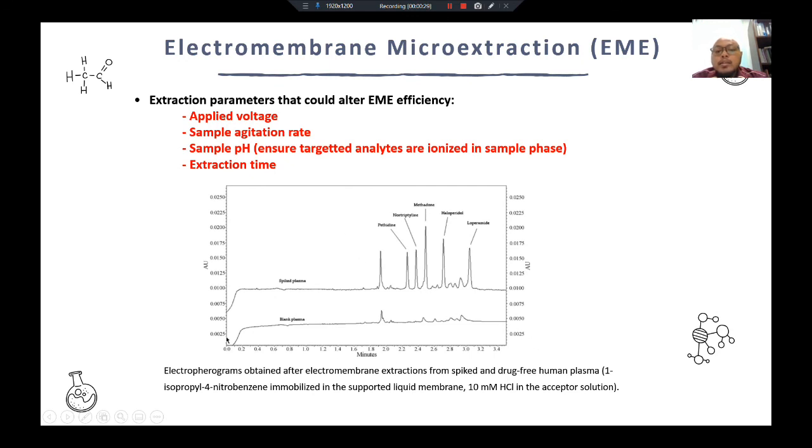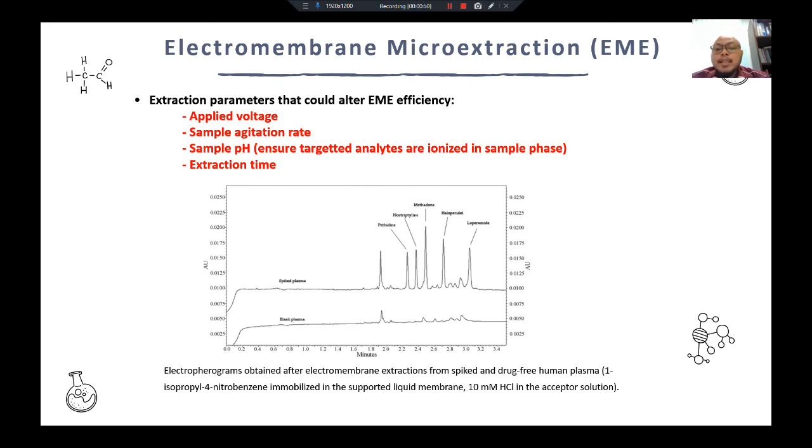Okay, right now is the electropherogram. In GC or HPLC, gas chromatography or high performance liquid chromatography, we use a chromatogram. In ATR-FTIR or spectroscopy, we use the term spectrum.